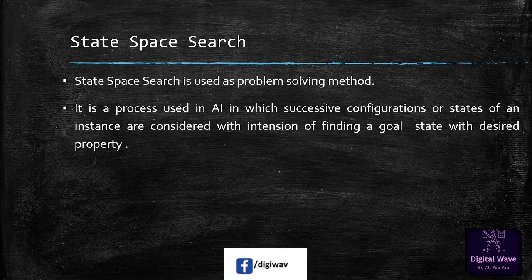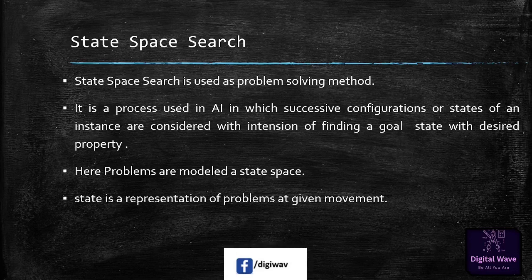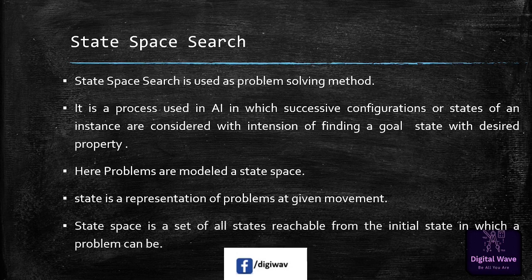By this definition we can say that state space search will provide us a possible solution of any problem. Here problems are modeled as a state space. A state is a representation of a problem at a given moment. State space is the set of all states reachable from the initial state in which a problem can be. Whatever possible solutions there will be, the state space is the group of all of those.